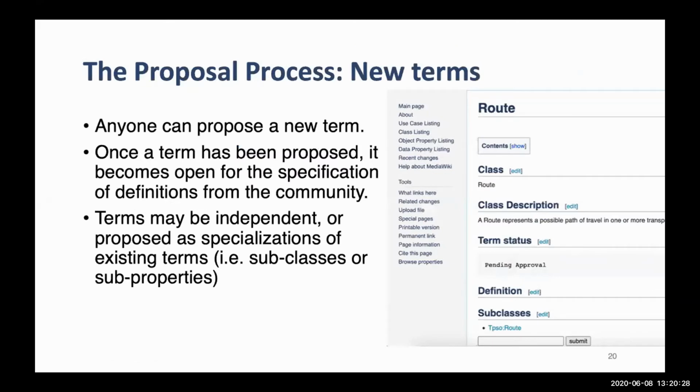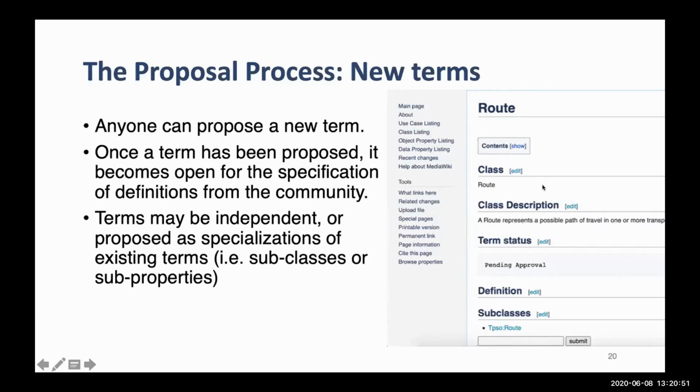How the proposal process works is basically that anybody can propose a new term, and once that term has been proposed, it becomes open for the specification of definitions from the community. So for example, once root has been proposed, then all users can log in and propose their own version or their own definition for the term root.